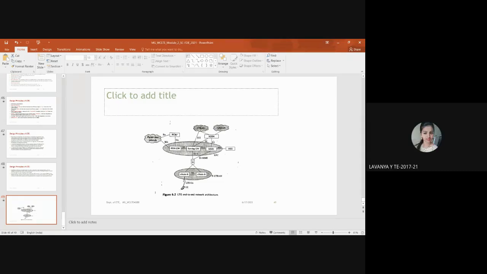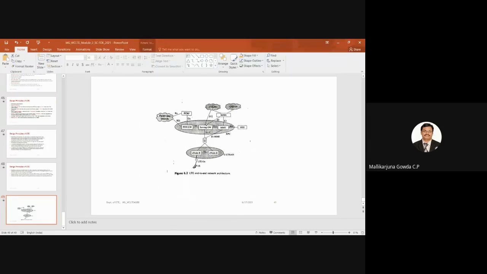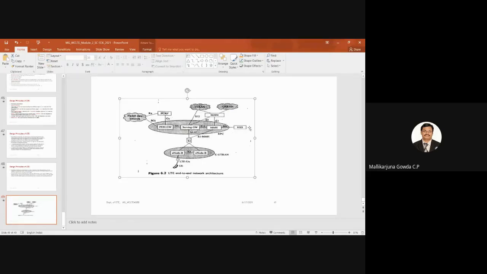Yes, sir. Already I've explained this architecture in a very different manner, and I hope you have understood. I don't want to spend much time again on this because already I discussed a lot about this, right? Just to have a recap, is it possible to say from your end? You have already studied for the first internal, right? And you know what this is.